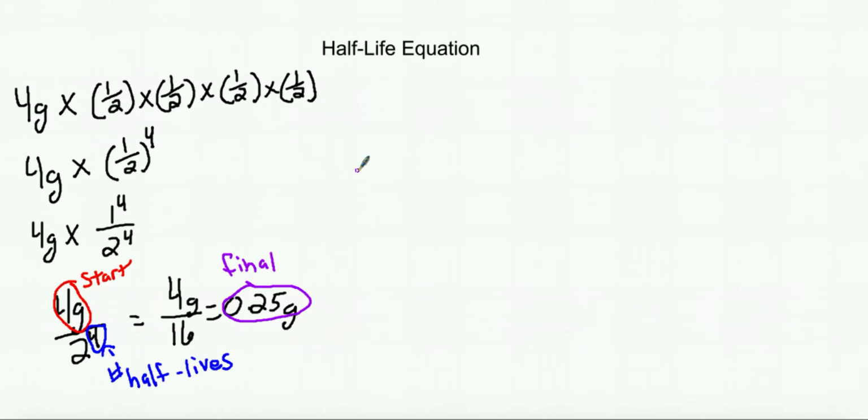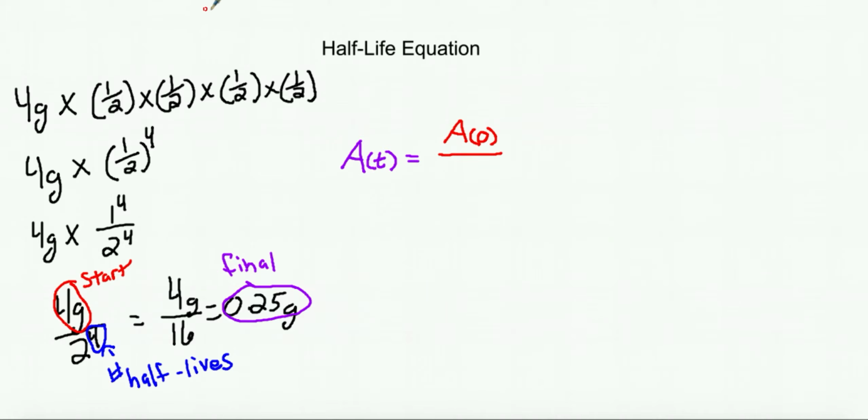So we can say that our amount after a certain time t is going to be equal to our starting amount. So we're going to use A for amount. T is the amount of time that passes by. So A(t) right here is the amount that we're going to have after a certain time t. Well, our starting amount would be when t equals 0. So our A(0) would be how much we start with.